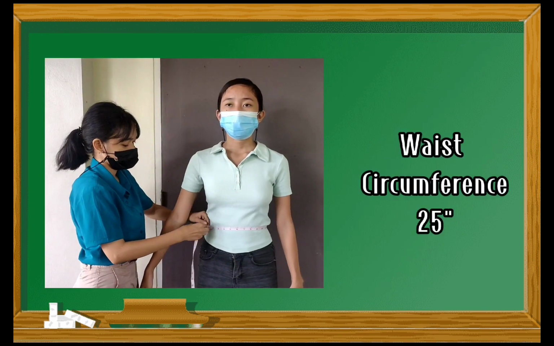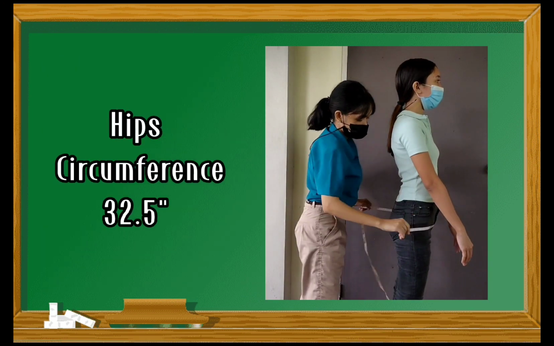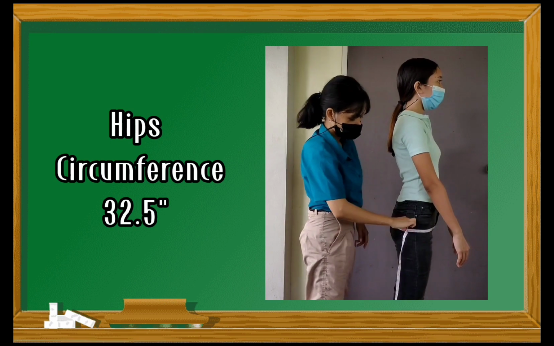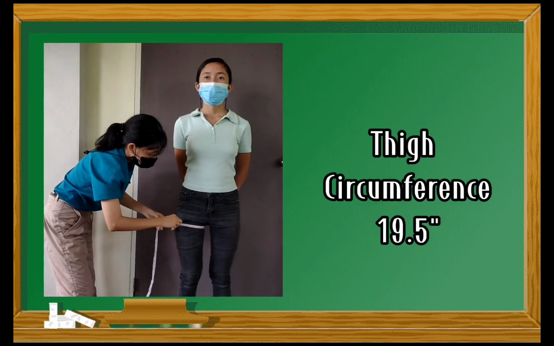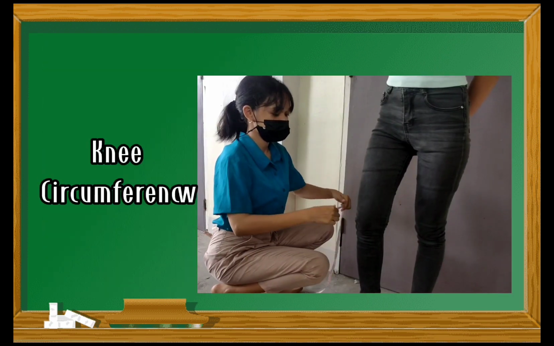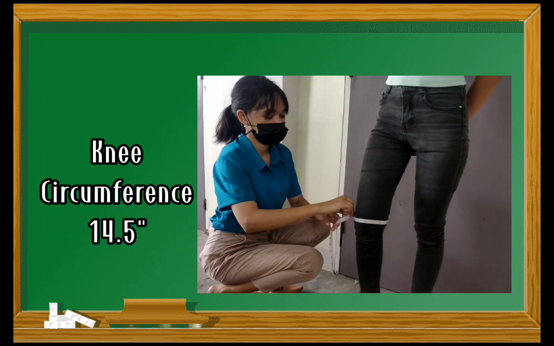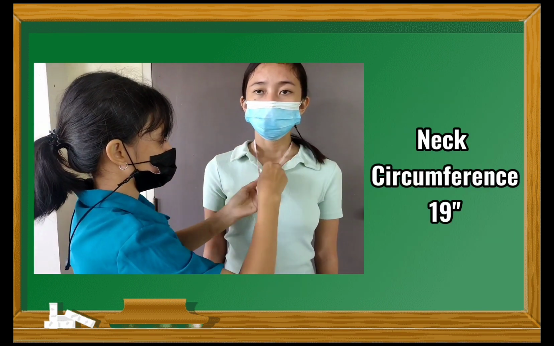Waist circumference 25 inches. Hip circumference 32.5 inches. Thigh circumference 19.5 inches. Knee circumference 14.5 inches. Neck circumference 19 inches.